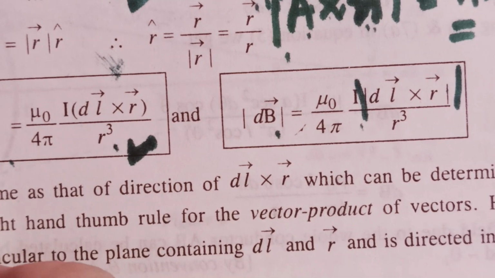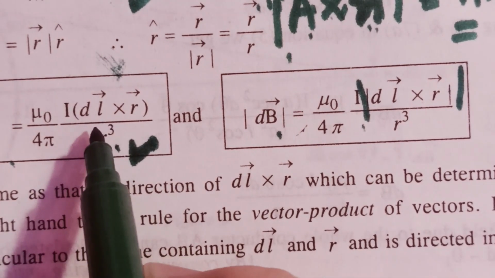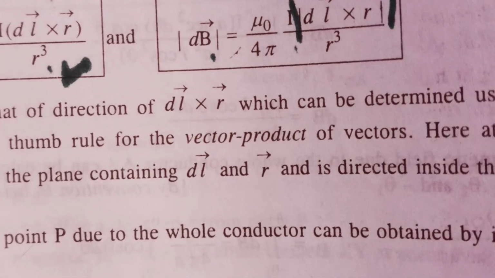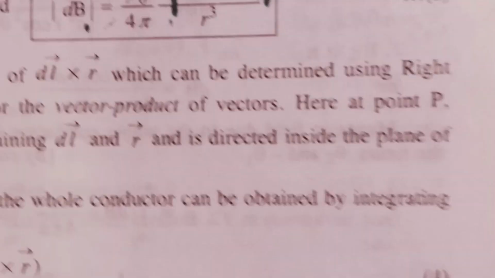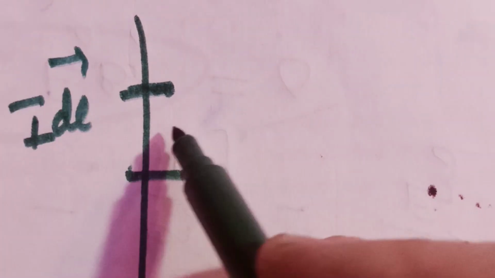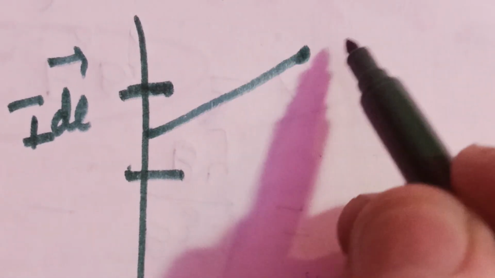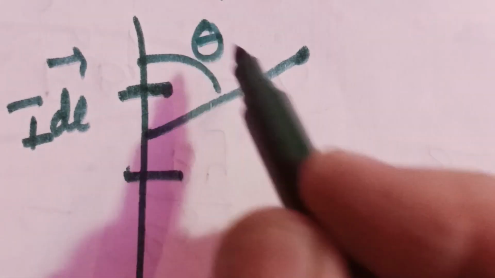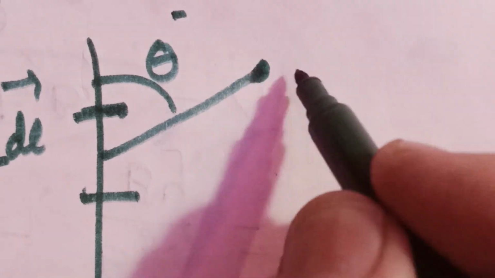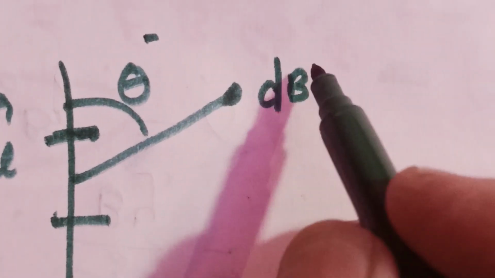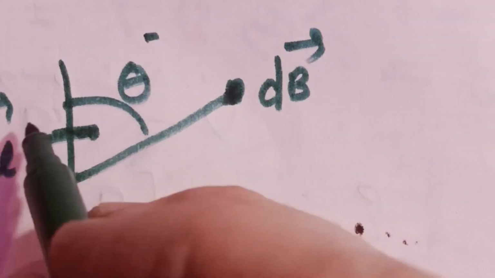Lastly, what about the direction of the field? This was my current element, I dl, and here it is angle theta. Field at this point.